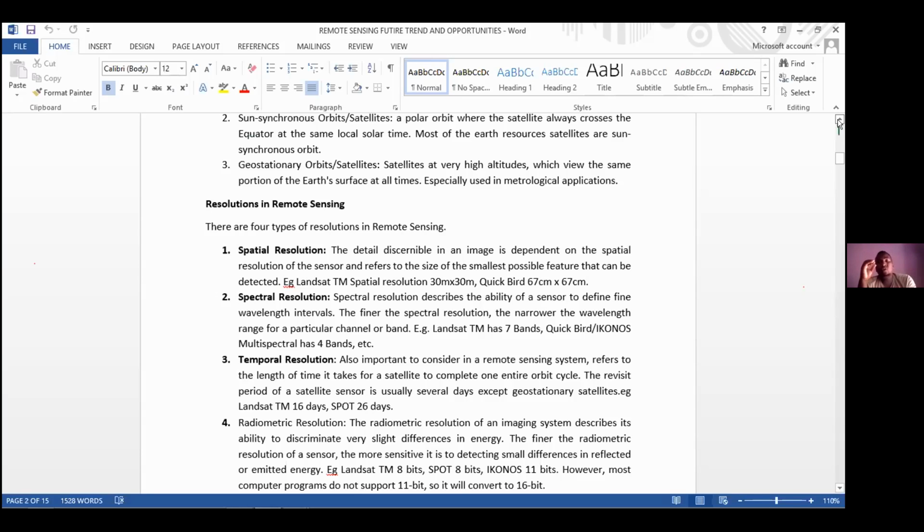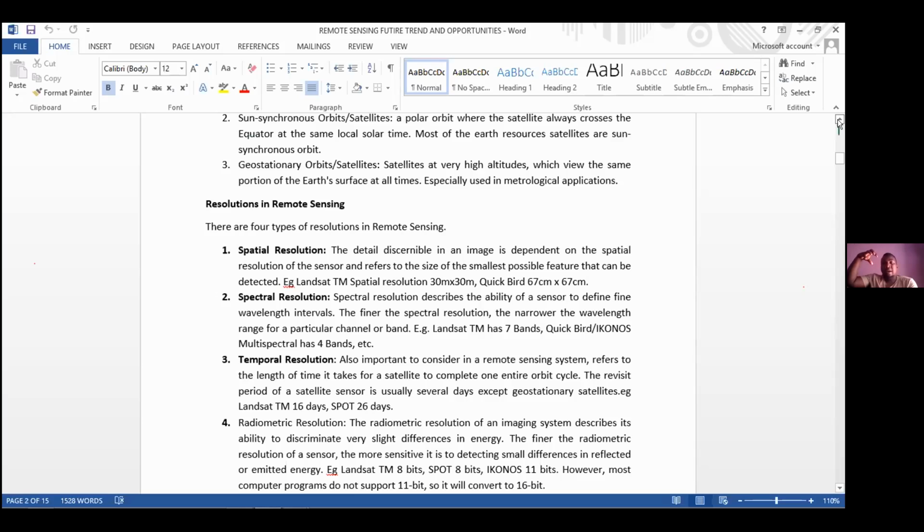What satellites do, we have the sun that gives the radiation, the source of energy to the Earth. And then we have a satellite here. So the radiation goes to the Earth, it's reflected, and then it goes to the satellite. These satellites have different capabilities and different strength to absorb that radiation.